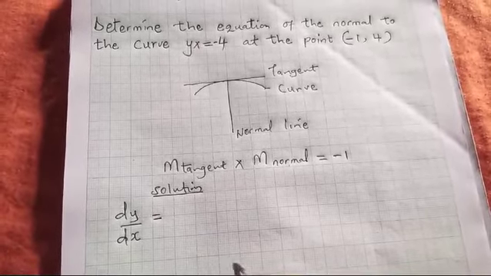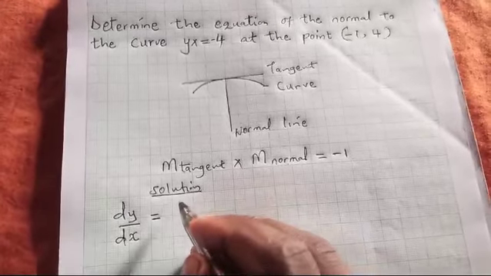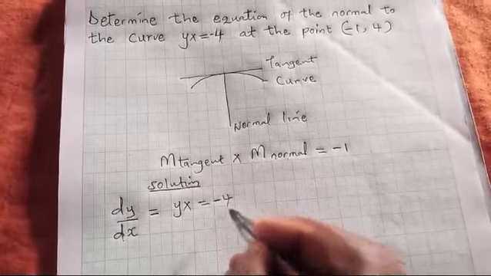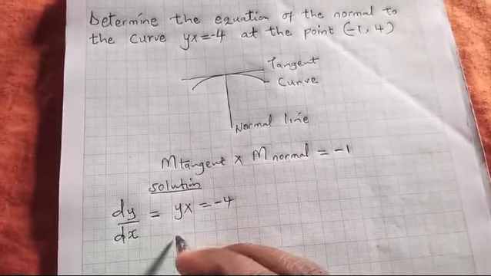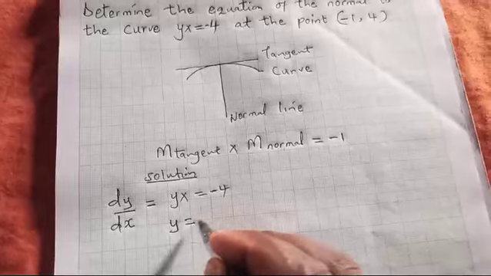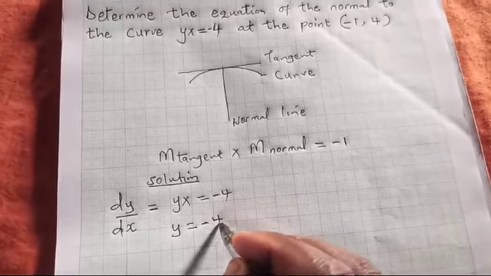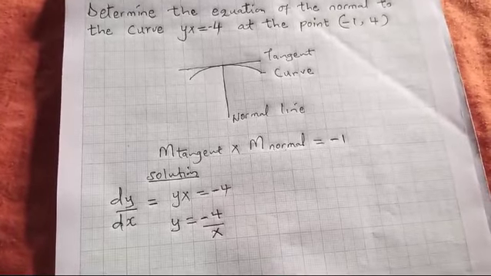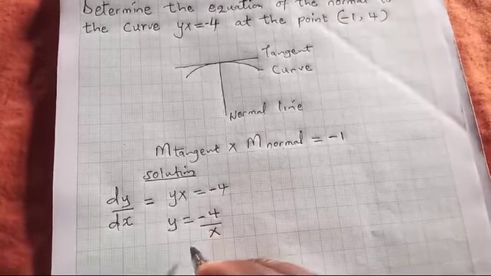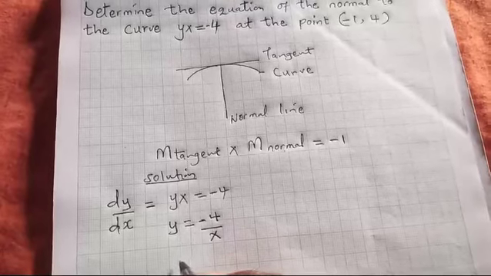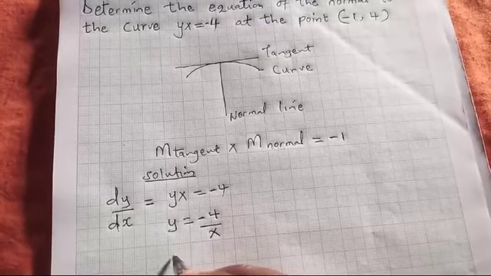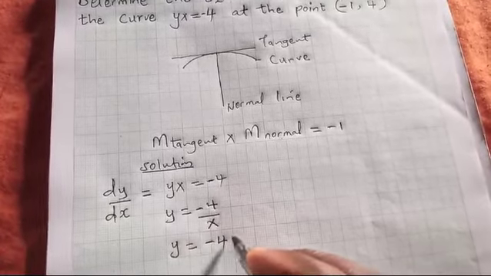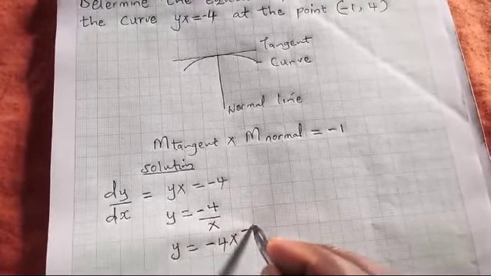Now we can rewrite this. We divide by x, because we want to make y the subject of the formula. We can as well write this as y = -4 times x raised to -1.